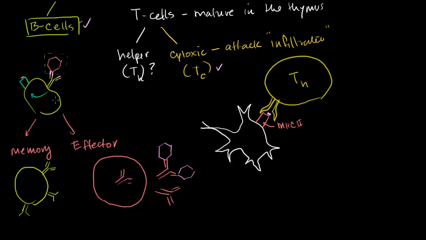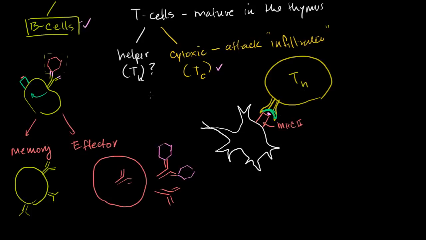But like the membrane-bound antibodies on B cells, where every B cell, or almost every B cell, has a different version, a different variable chain, that's also true of helper T cells. Just like the B cells, this has some variation in where it binds. So this right here is going to be variable from one helper T cell to another.